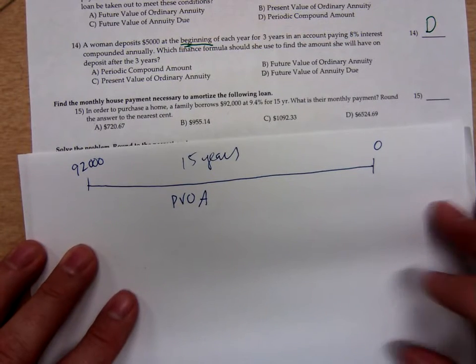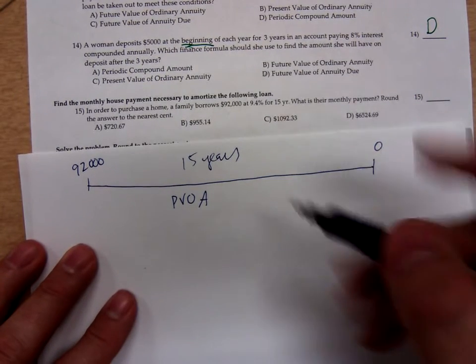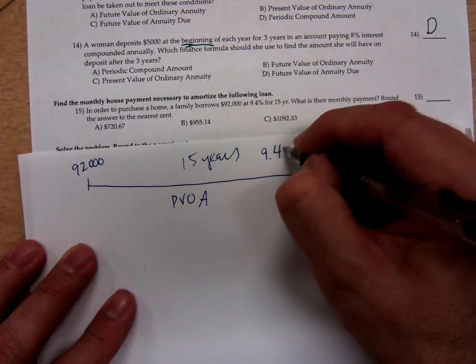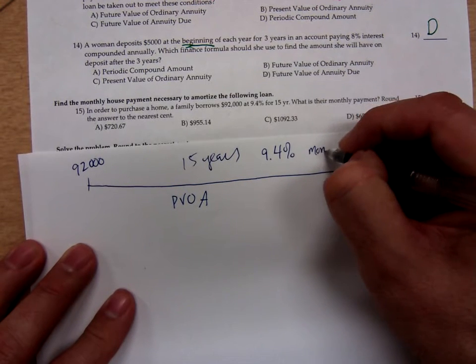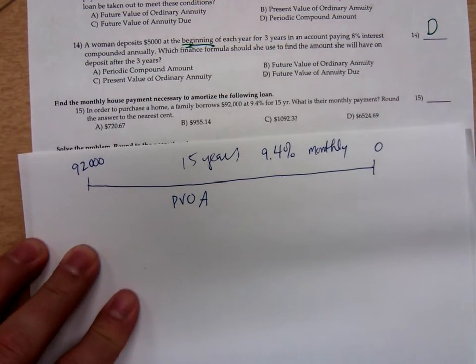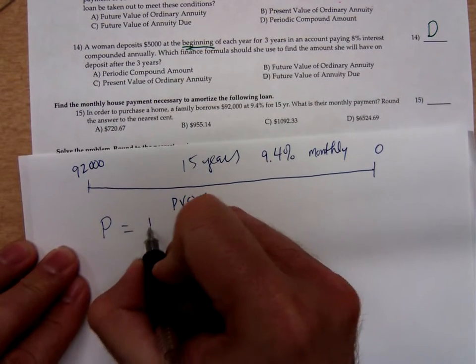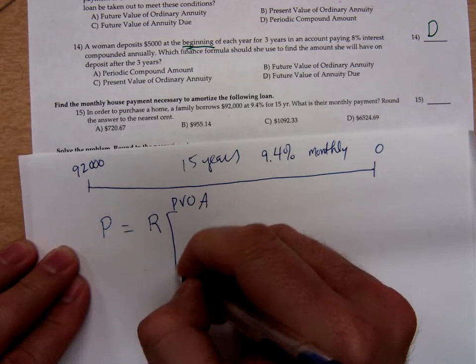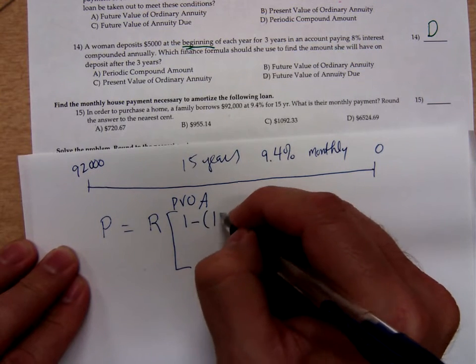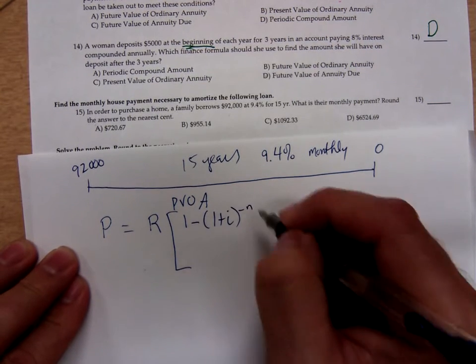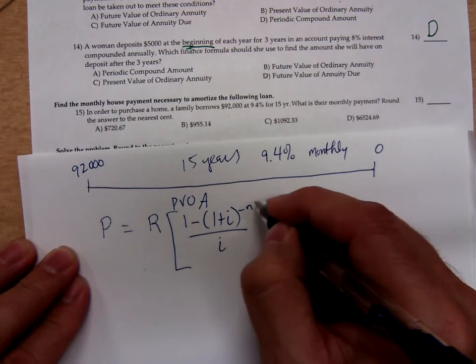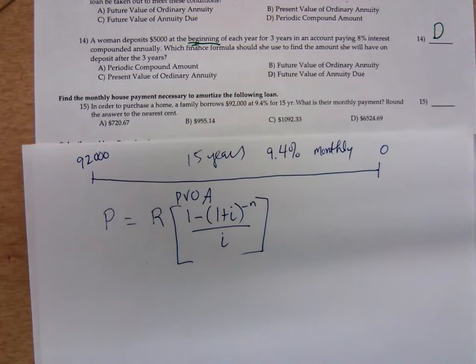And I'll go ahead and write out that 9.4% monthly. So the present value of an ordinary annuity formula is P equals R times 1 minus 1 plus I to the negative n, all over I. It's been a while since we've used these formulas. Remember what the variables stand for?